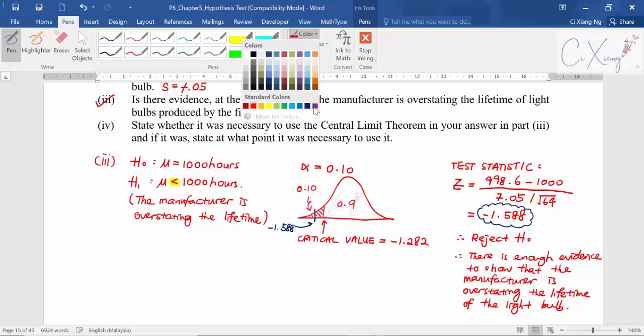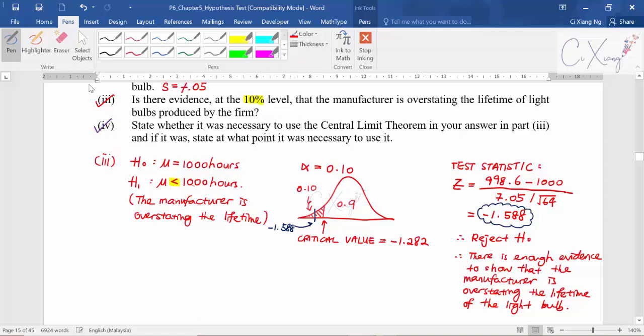Then we continue to part number 4. They ask you to state whether it was necessary to use the central limit theorem in your answer in part 3, and if it was, state at what point it was necessary to use it. This is one of the questions that test students on whether to apply the central limit theorem or not.